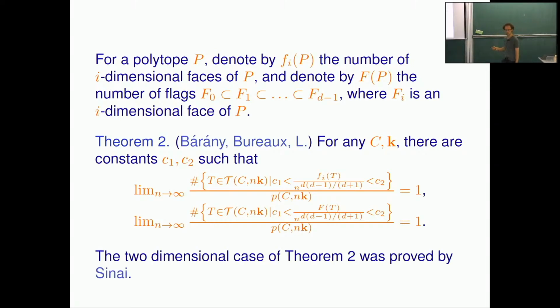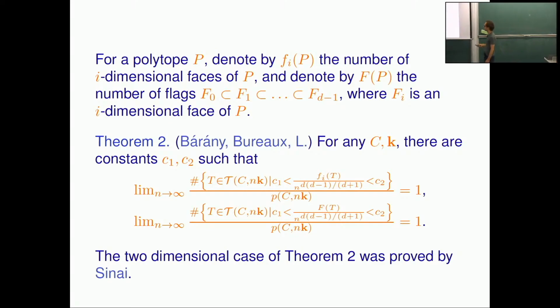So presumably C1 and C2 are more or less the same. I think that there should be, for any fixed i or for the number of flags, a constant. Yes, I think so. Yeah, it seems so.